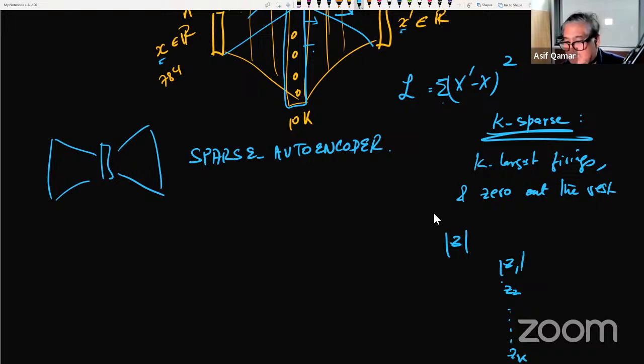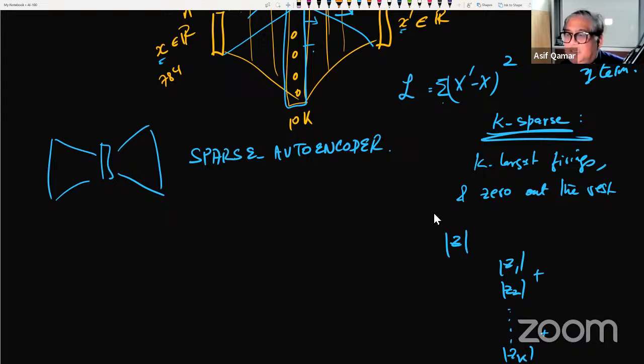I will take the absolute value of all of this, and the sum total, the total light coming out of these things, should not be too much. So I will add in the loss function a penalty term that is the size of this, right?